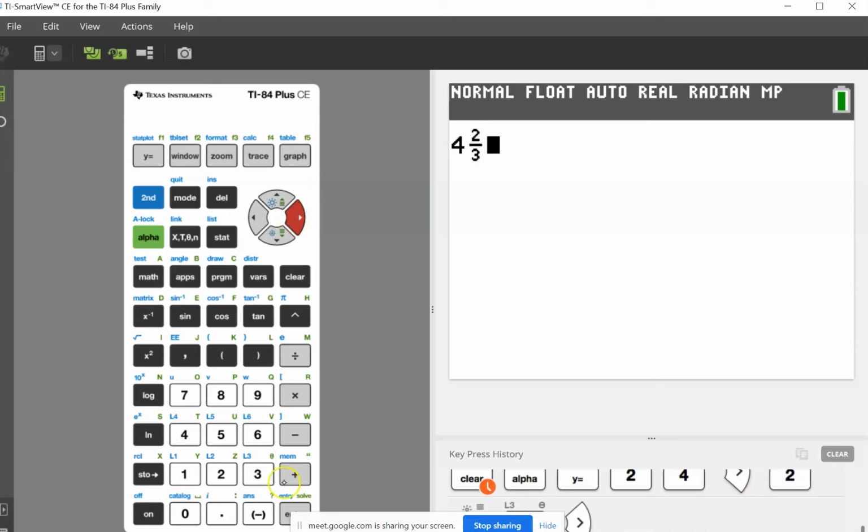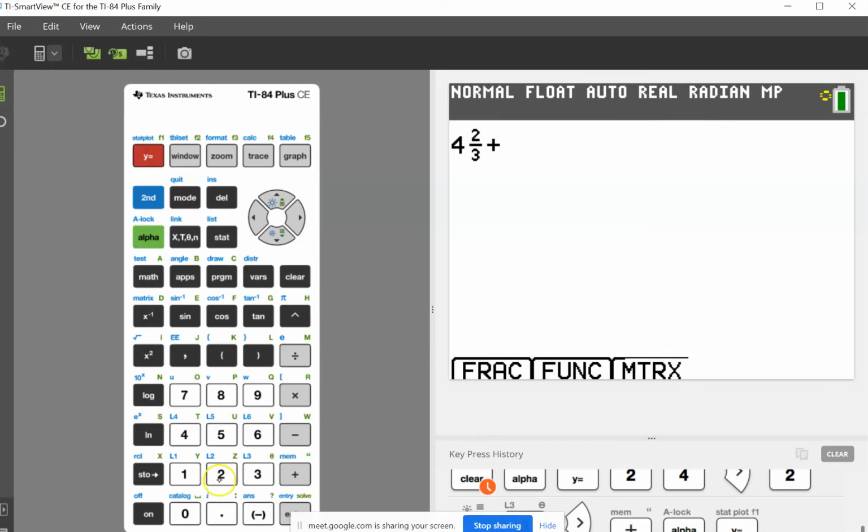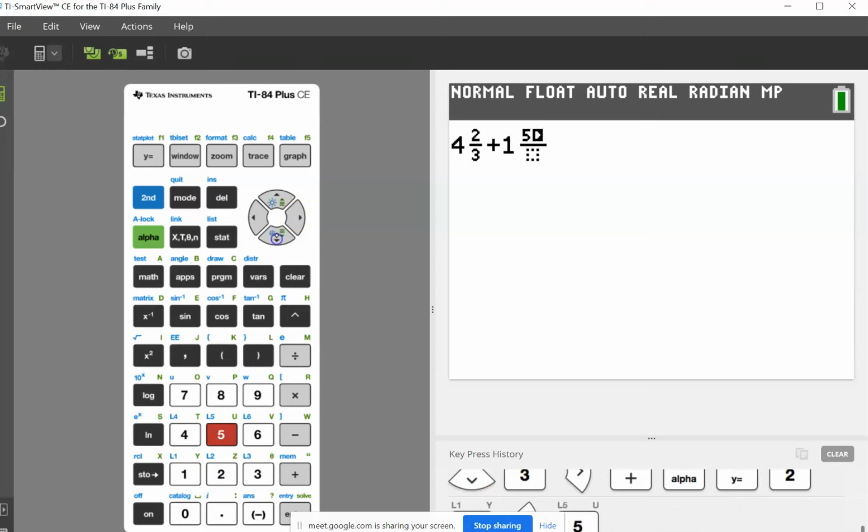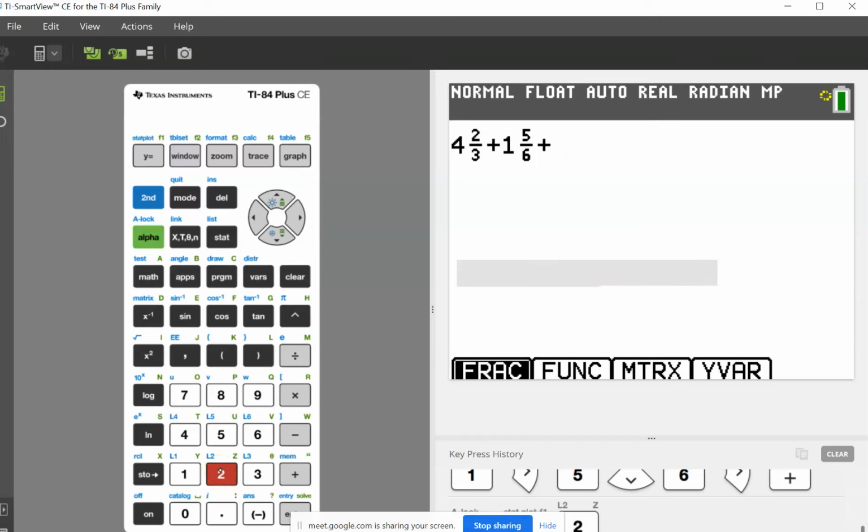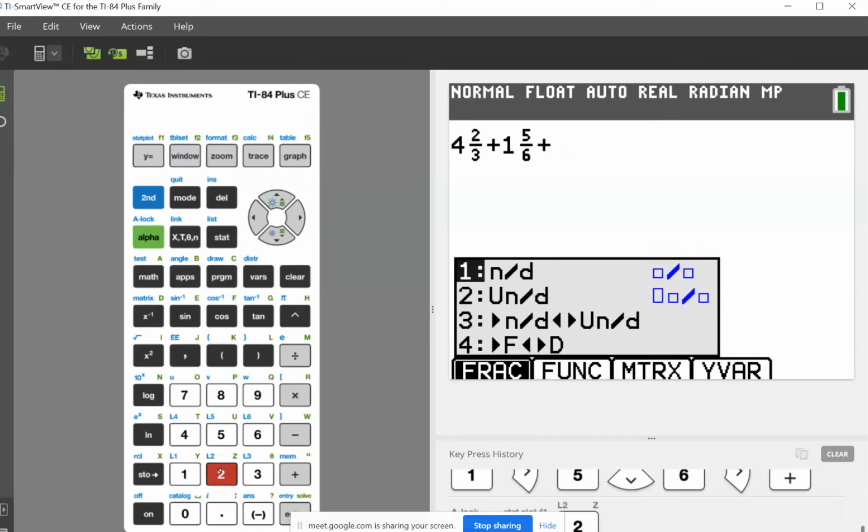Come out from under the radical, then do your addition sign. Alpha y equals 2. And then we're going to do our 1 5/6. Come out from under the radical. And we're going to add our last one, alpha y equals number 2, which is 3 1/4.